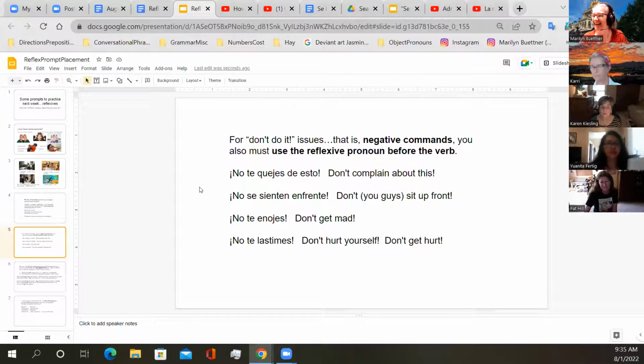Okay. Also in this same situation, the pronoun will also be in front of the verb. If you have a don't do it, meaning a negative command. Why is a command? We have to distinguish. Actually, I'm pretty sure in a lot of languages they do this.